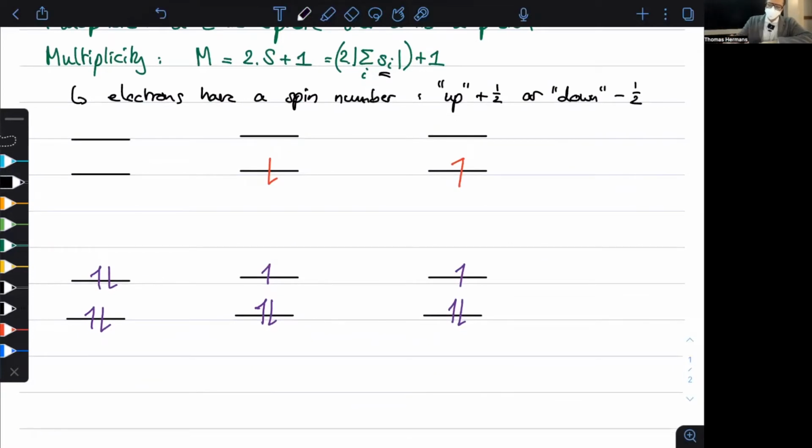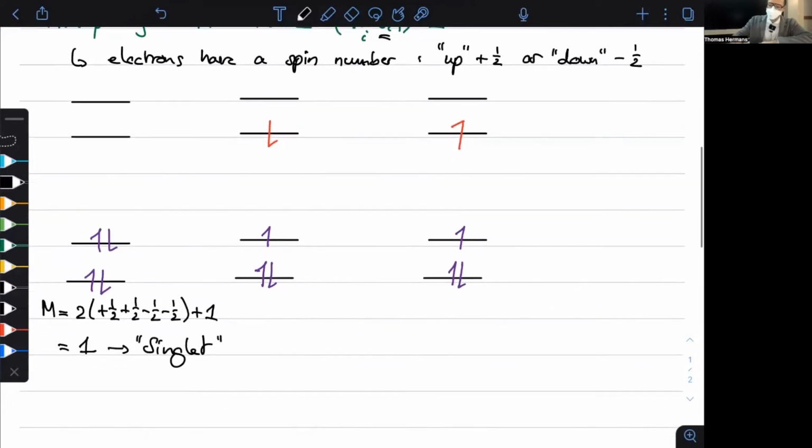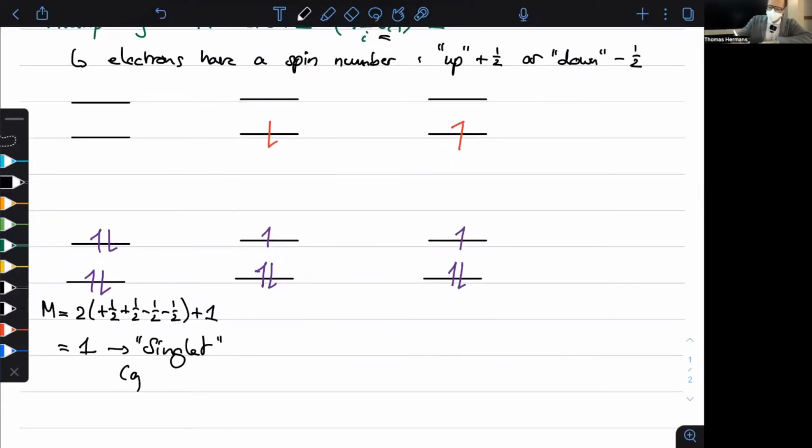So let's look at the spin multiplicity of these states. M is 2 times S plus 1. Let's count here. We have 2 electrons up and 2 electrons down. So we have plus half, minus half, minus half, which is 0, plus 1. So multiplicity is 1. You call this a singlet. 1 for singlet. And this is a singlet ground state.